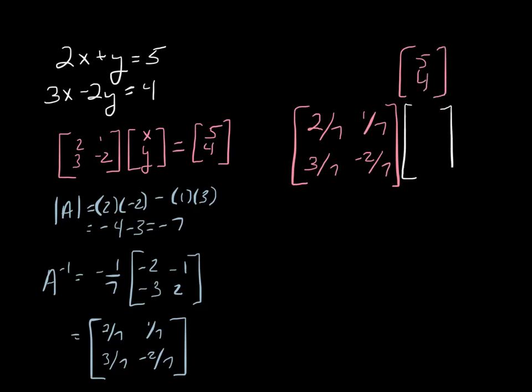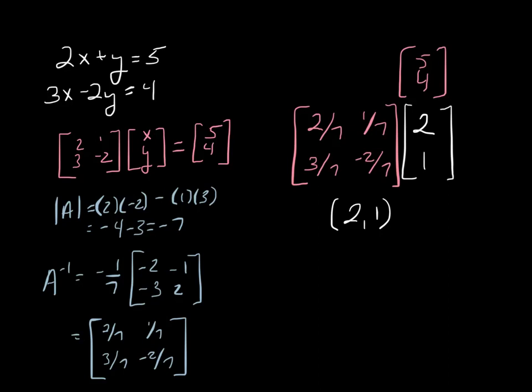So our solution will fit right in here. So we've got 10/7 plus 4/7 is 14/7, which is just 2. Then we've got 15/7 minus 8/7. 15 minus 8 is 7, and 7/7 is 1. So our solution is 2, 1.